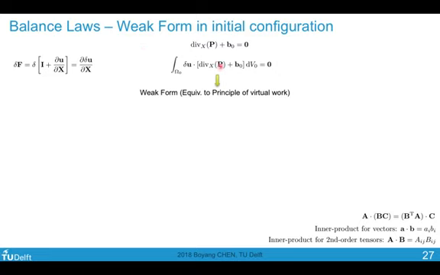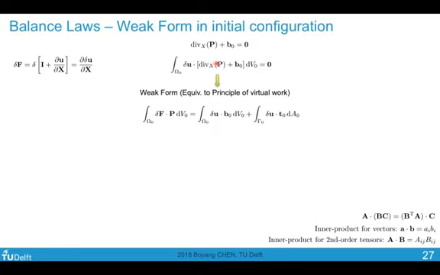Now we are going to apply integration by parts to shift the partial derivative present in the divergence operation to the variation of u, so that we are left with only P on the right. We can arrive at this expression. So when we shift the partial differentiation to the variation of u, here we obtain the variation of F.